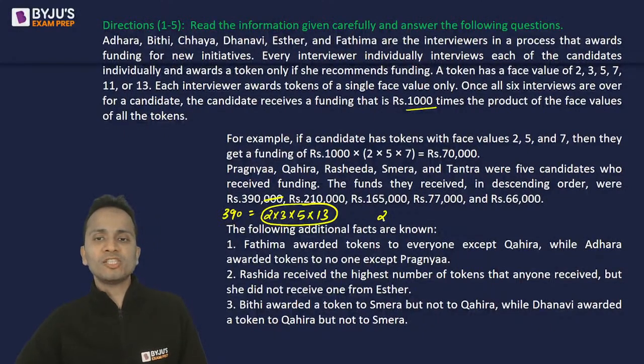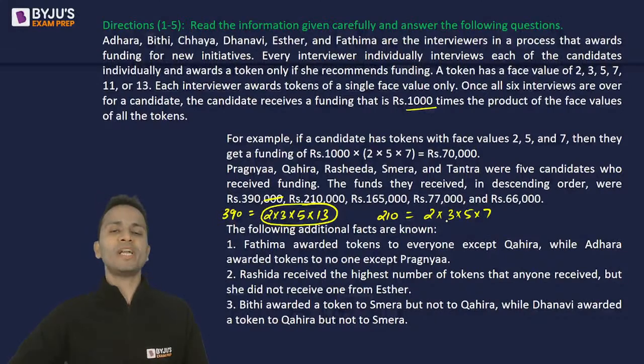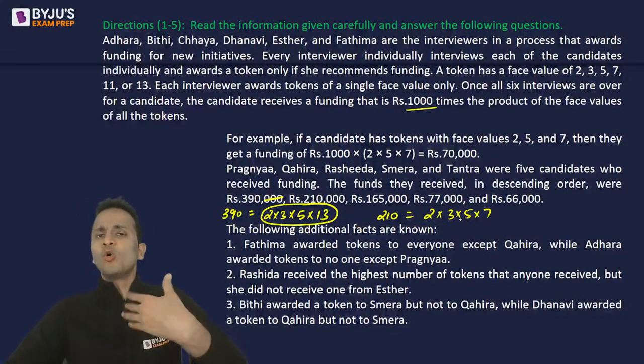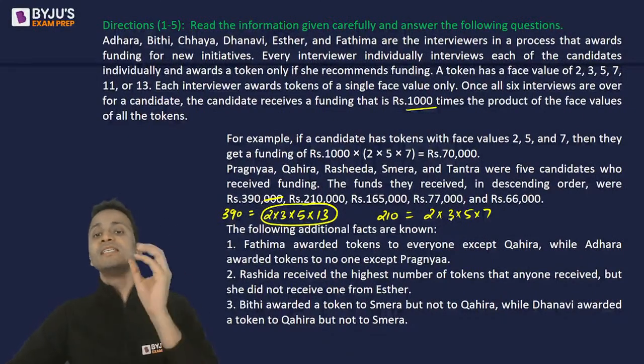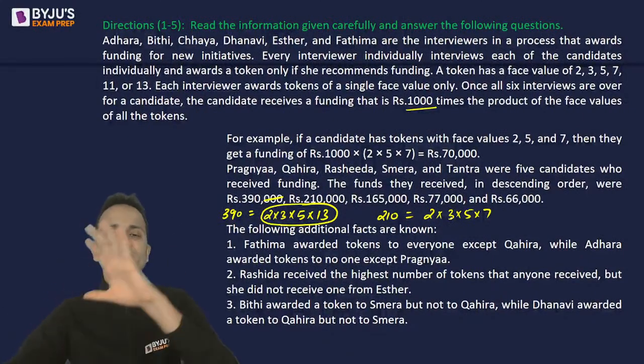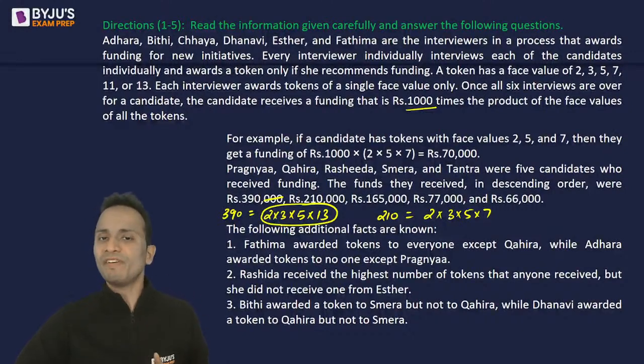Similarly, you can factorize 210. 210 can be written as 2 into 3 into 5 into 7. 7 into 3 is 21, 2 into 5 is 10. You can orally do the factorization of all these numbers. Similarly, 165, 77 and 66, all these numbers should be factorized.